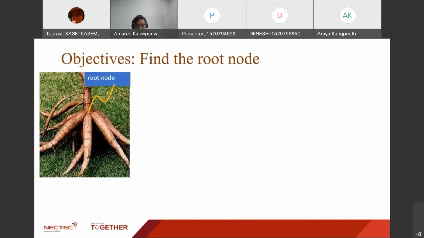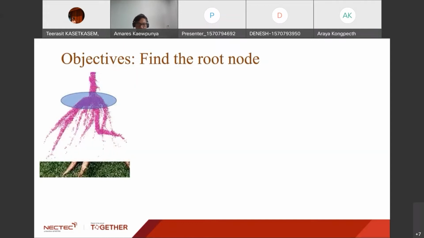In order to find the skeleton, it is necessary to specify the ending point, which is the junction between the stem and the root, called a root node. But by observing the image, the root node is found in the thickest part of the image. The thickest part in the volumetric 3D image is the portion containing the largest number of 3D points.